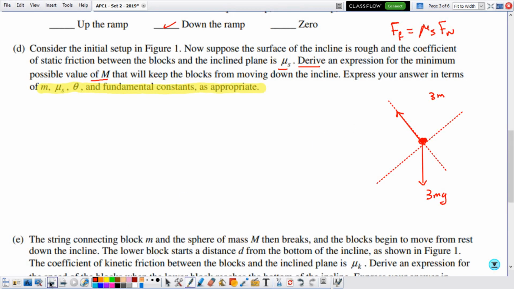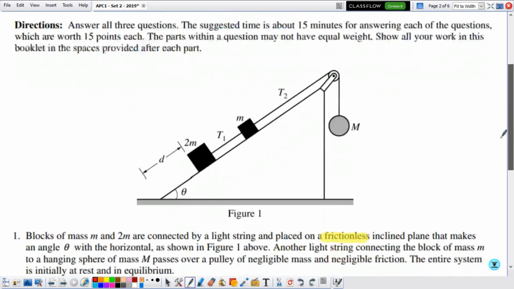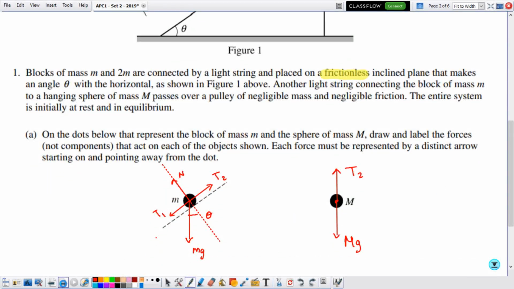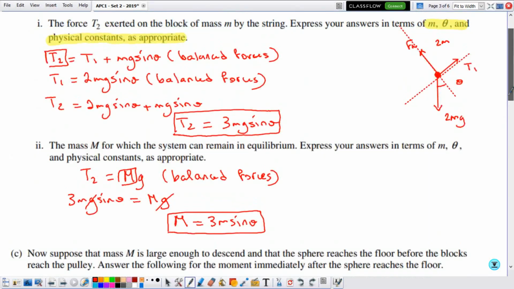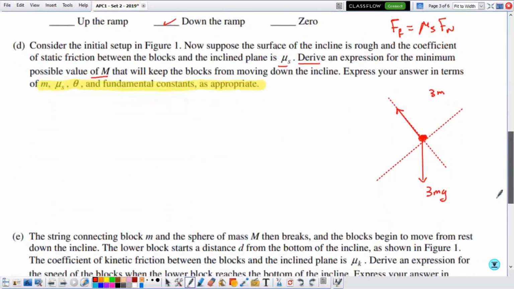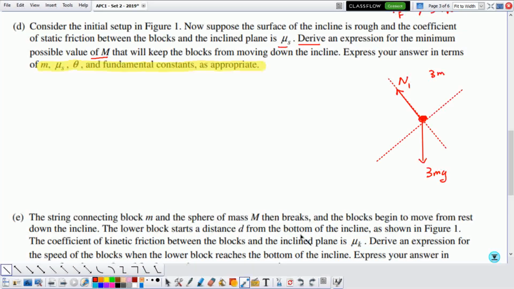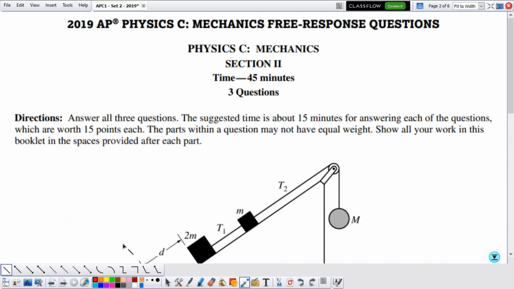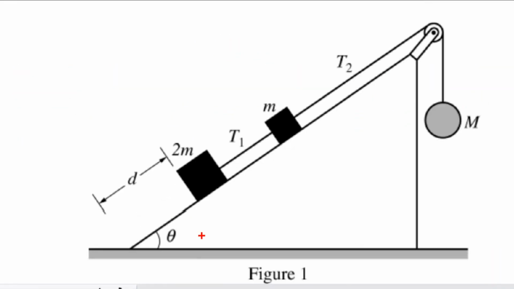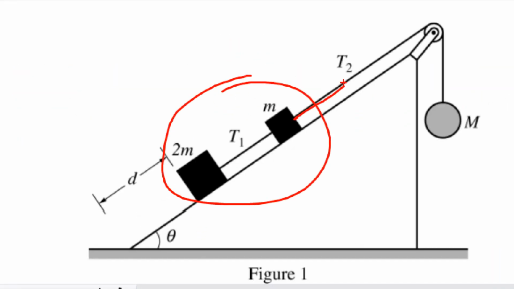I have already used capital N, so let me say this is N1. Alright, we have the tension. These two are combined and being acted on by the tension T2 up.